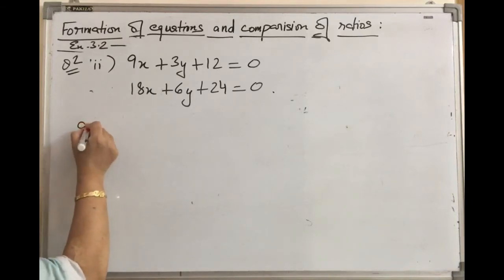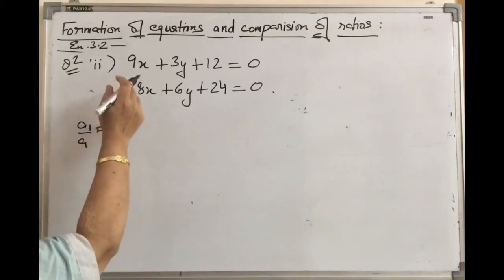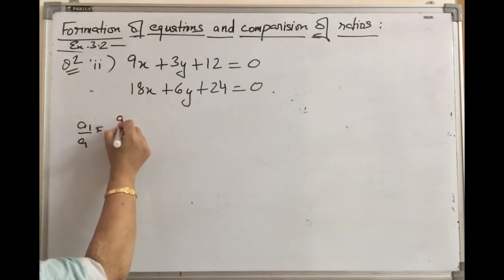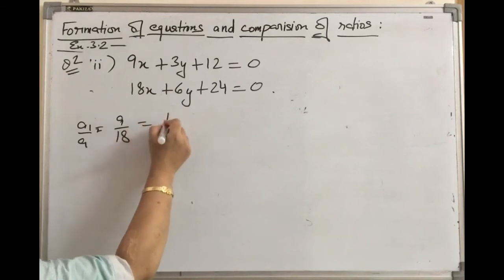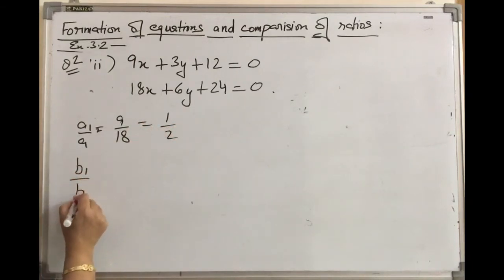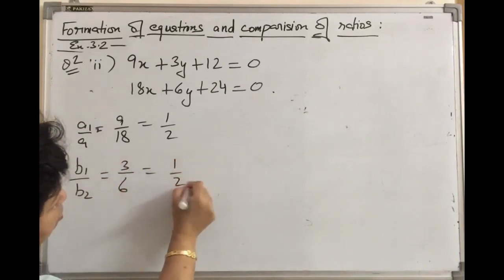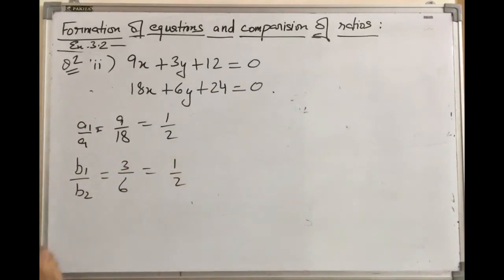We'll find a1 upon a2, very precisely, the coefficients of the x term in both the equations. So 9 by 18, lowest form 1 by 2. Let's calculate b1 upon b2, 3 by 6, lowest form 1 by 2.